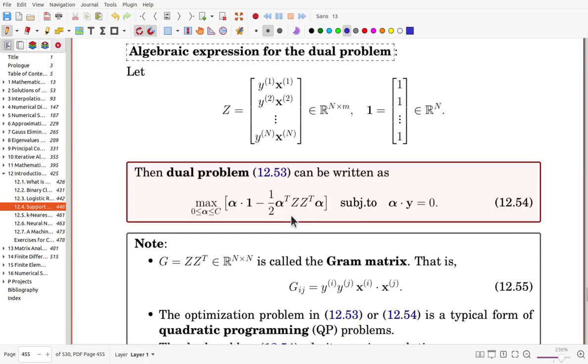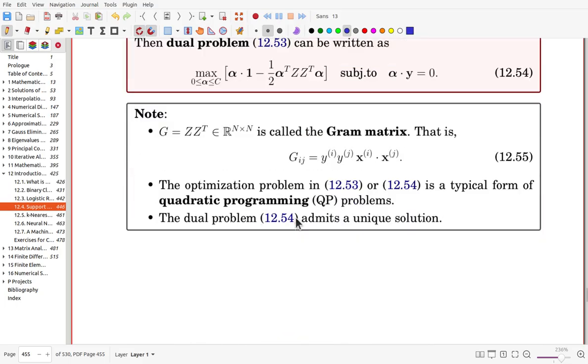We can write it in matrix-vector format, and we can solve this again quite easily by using some quadratic programming technique, or, as in the previous one, SVM can be used to solve this problem.